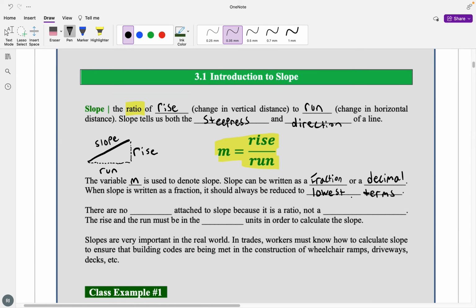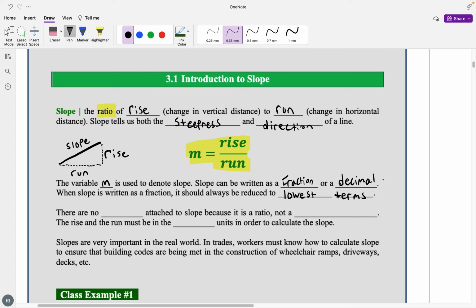For example, the fraction 6/8 would actually be written as 3/4. A reminder that your calculator will most likely be able to reduce fractions. Okay, back to filling in the blanks.